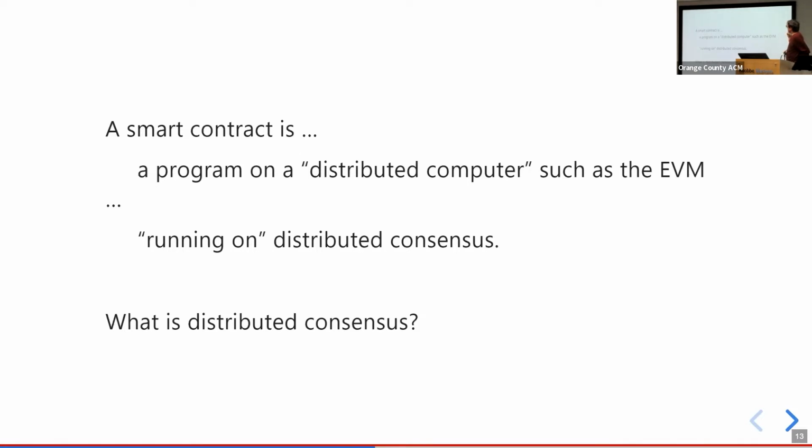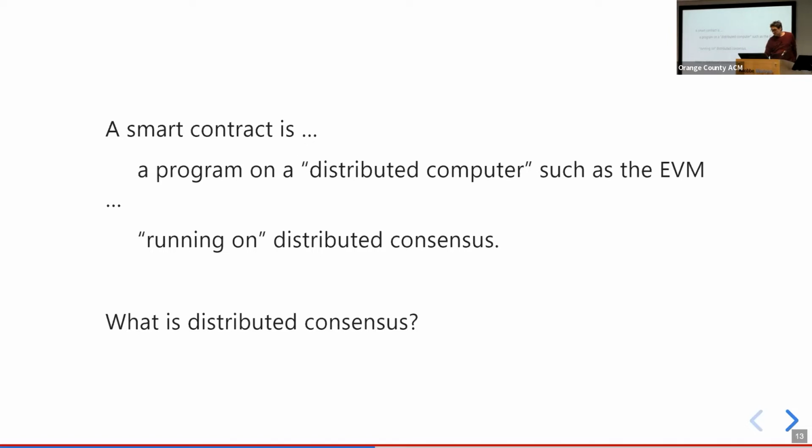Very roughly, a smart contract is a program on a distributed computer, in double quotes, such as the Ethereum virtual machine. We can think of it as one computer which has a distributed implementation. And then the crucial thing that makes everything work is what is called distributed consensus. That's what I want to explain next.